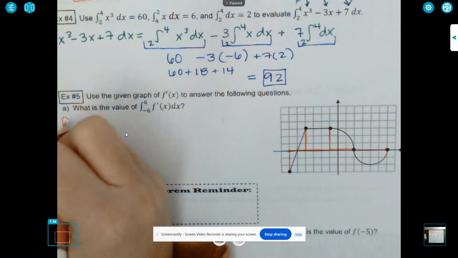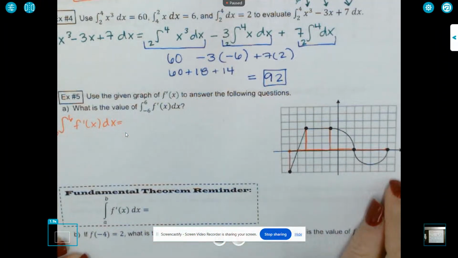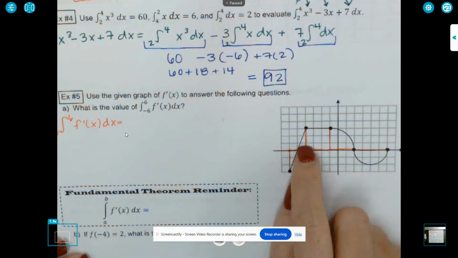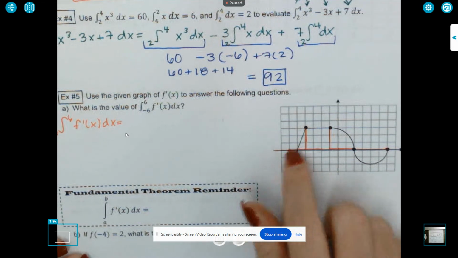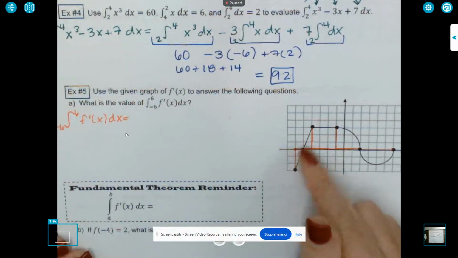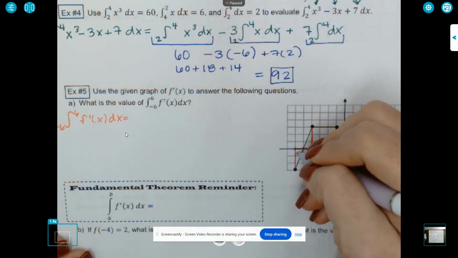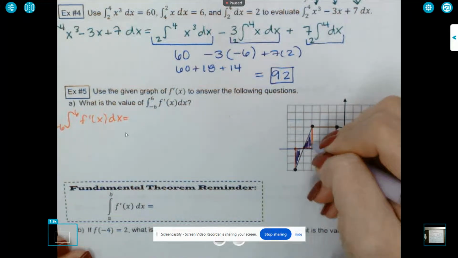From negative 6 to 6, f prime of x dx. The first thing I notice is these two triangles right here. We've got one that's below and one that's above. So those two triangles are going to cancel each other out. I don't need to even write that out. I can, but I don't need to. So those are gone. These are going to cancel out.